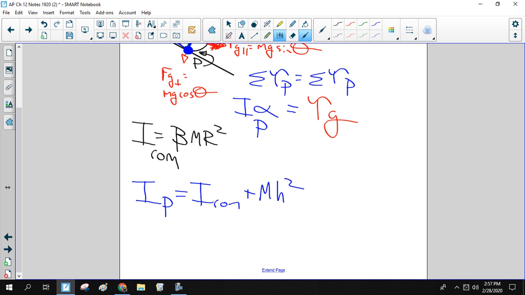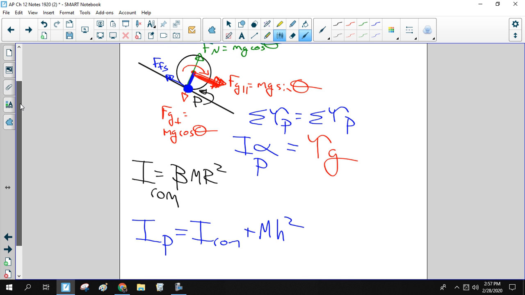Well, h is how far we moved our pivot point from our center of mass. Our center of mass is here, we moved our pivot point down to here, so we moved it by a distance of r.